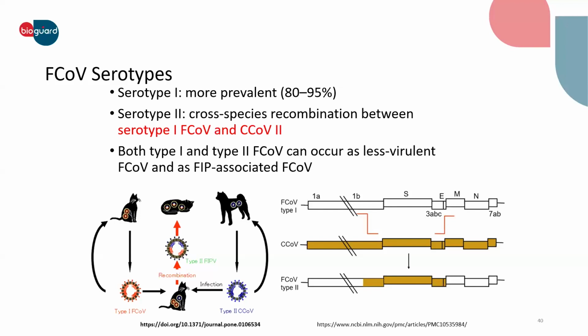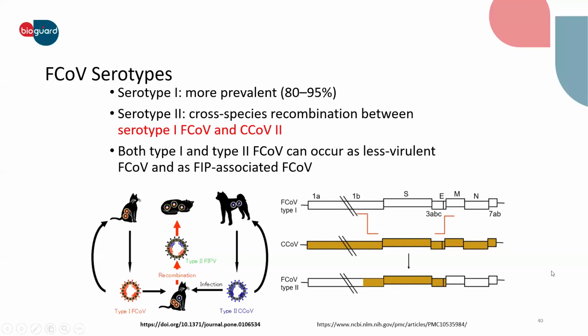For serotype 2, although it's less prevalent, some studies suggest serotype 2 is a more virulent serotype. Serotype 2 is actually a close species recombination between FCoV serotype 1 and canine coronavirus 2.